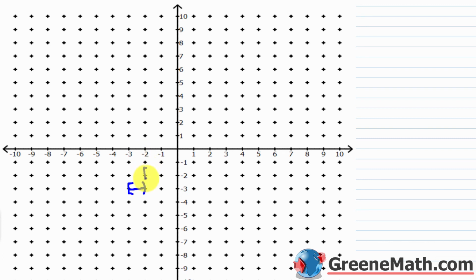I'm going to put a bracket to say -2 is included. I'm going to draw a horizontal line to -1. -1's not included. I'm going to step up again. Put a bracket here, go over to the next integer, put a parenthesis, and step up again, repeating the same pattern.